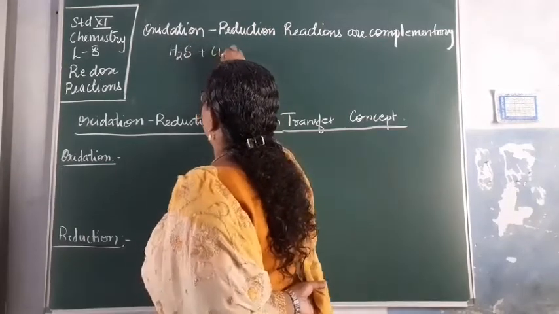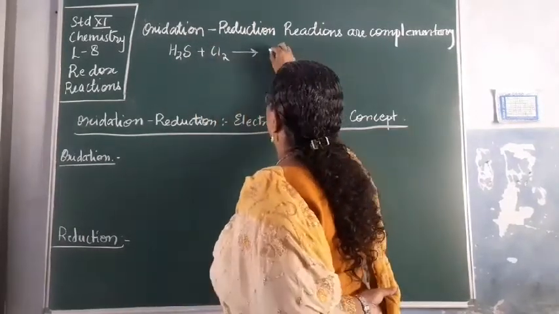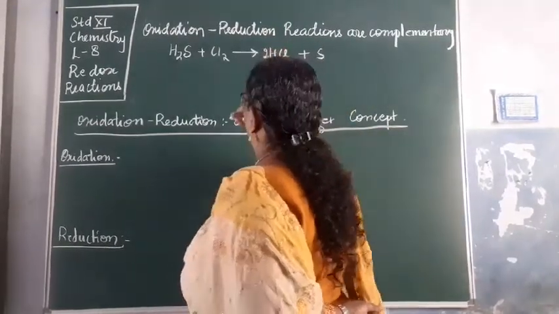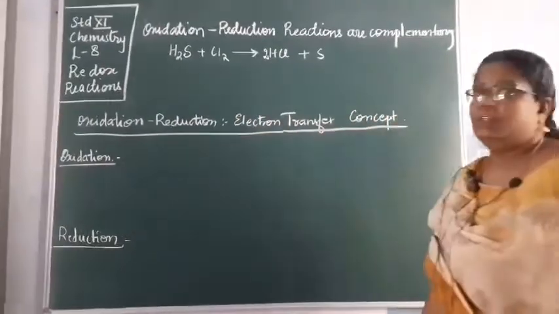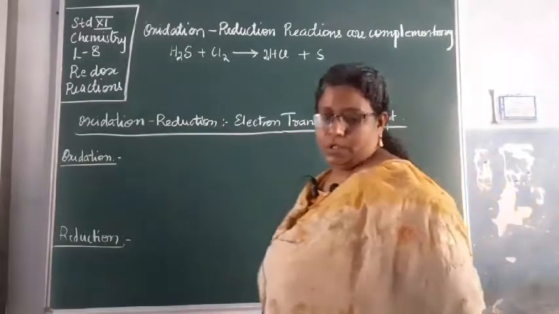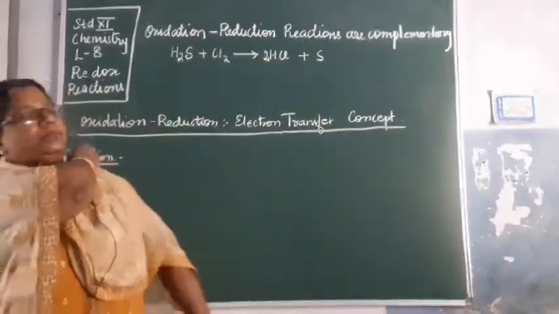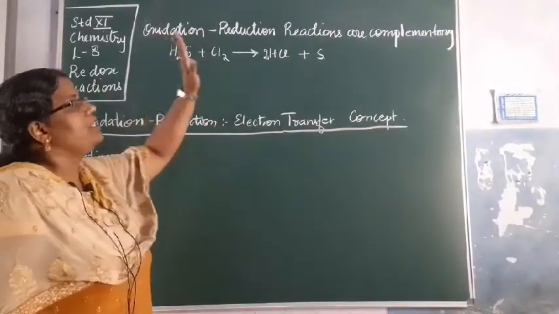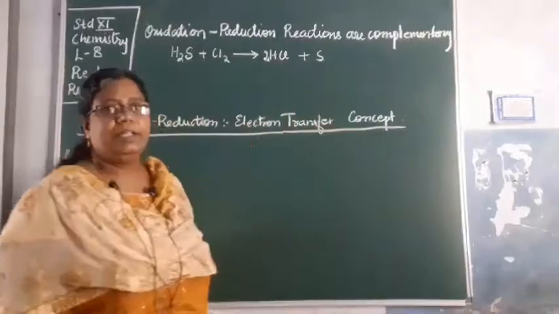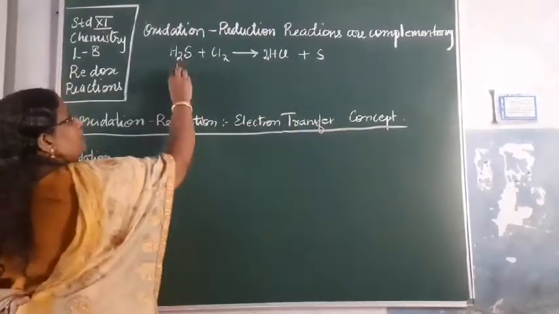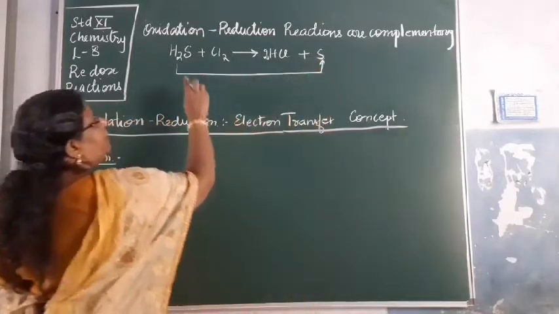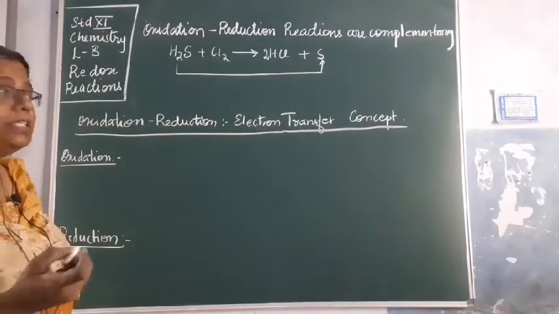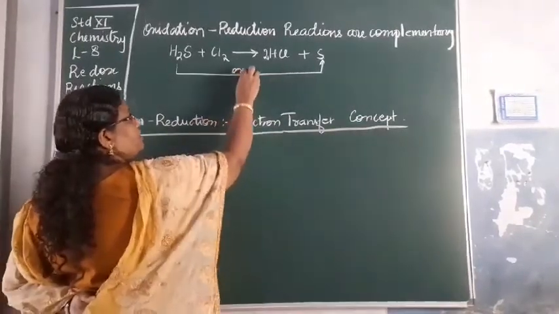H2S plus Cl2 giving you 2HCl plus sulfur, balanced. This is a reaction given to you. Now here, what will you understand: from H2S, hydrogen is removed and you are getting sulfur. That means this part, from H2S hydrogen is removed. So the reaction in which hydrogen is removed is called oxidation.